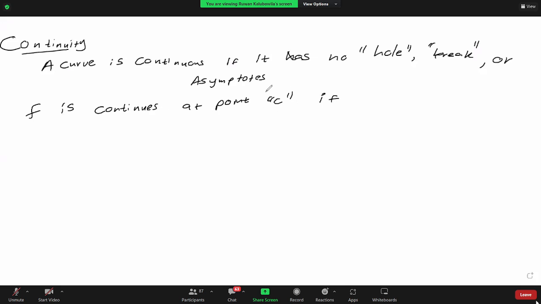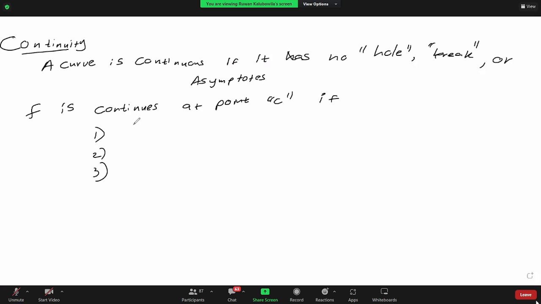That means first we are considering a point. Later, let's move to the range. First, try to understand how we define a function continuous at any given point c. We can say this function is continuous at c if and only if these three conditions hold.